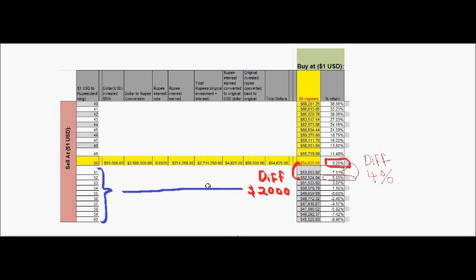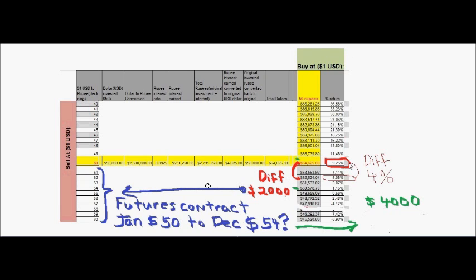So the question is, would you be willing to take a smaller cut instead of 9.25%, maybe 5.05%, and use some of those dollars to buy a futures contract that covers if the rupee falls below 50 or devalues? So in this hypothetical example, instead of 9.25%, I'm okay with 5.05%.